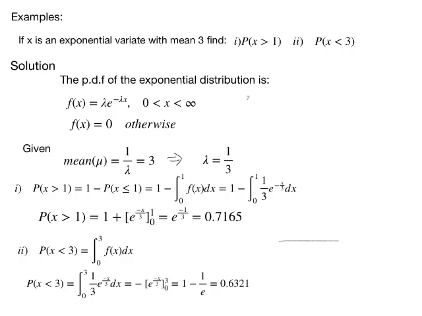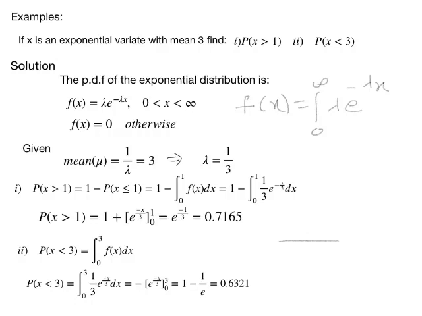Note that always f of x is given by lambda e power minus lambda x, from 0 to infinity, and it's given that the mean is equal to 3. Therefore, as I know, mean is equal to 1 by lambda is equal to 3. From this I get lambda is equal to 1 by 3.